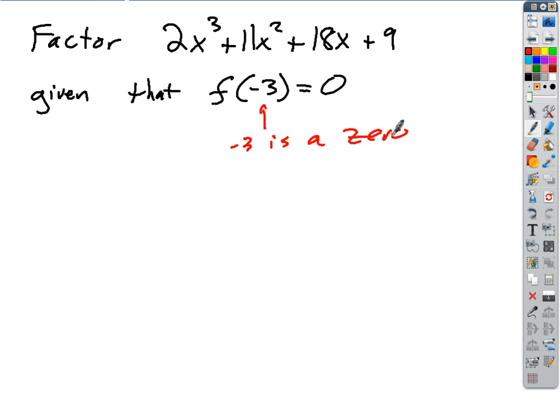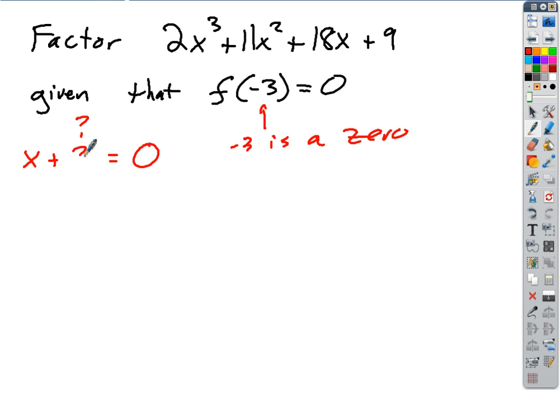Well, that's what we do. Right? Now, let me ask you this. If negative 3 is a 0, then what's the factor that goes with that? If I were to set some factor, x plus something, equals 0, what's the factor that would equal 0 to give me that answer? 3, right?